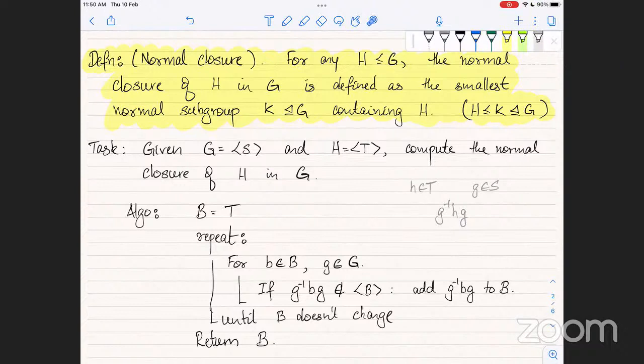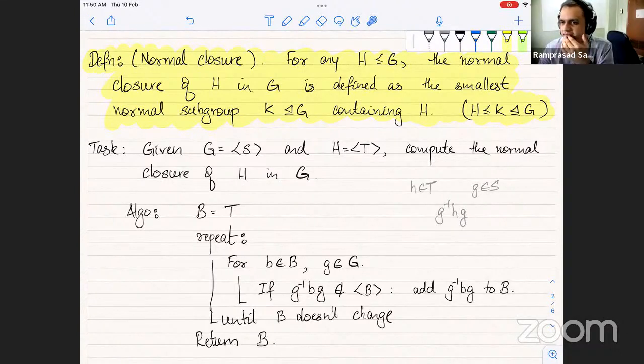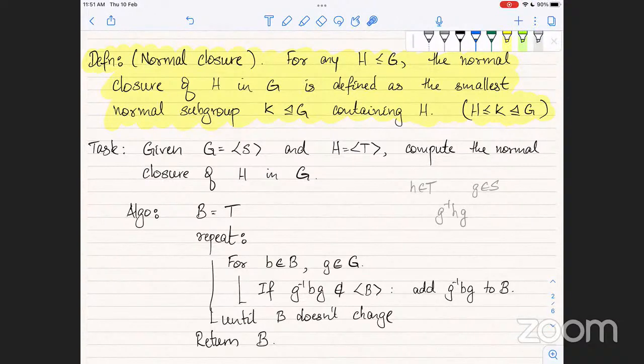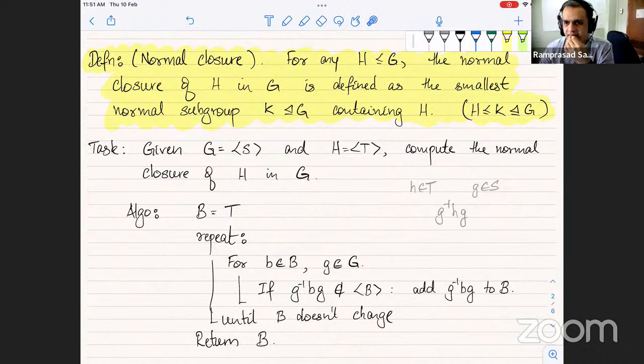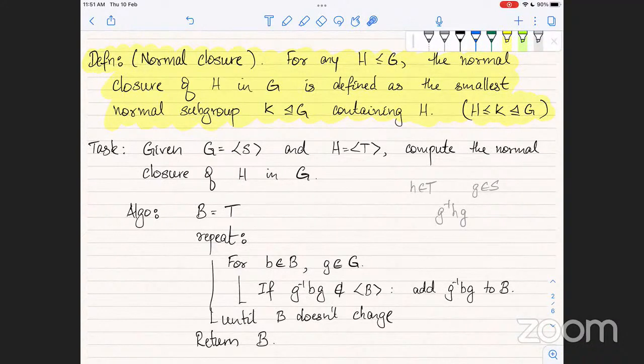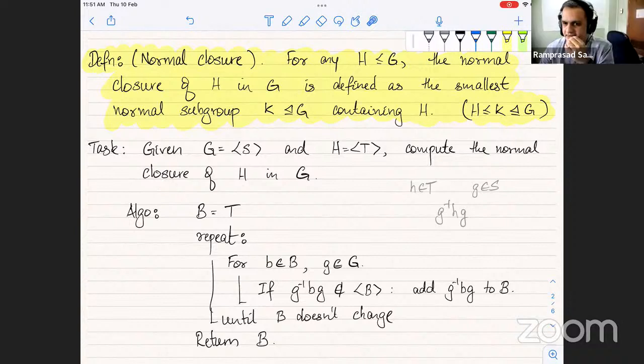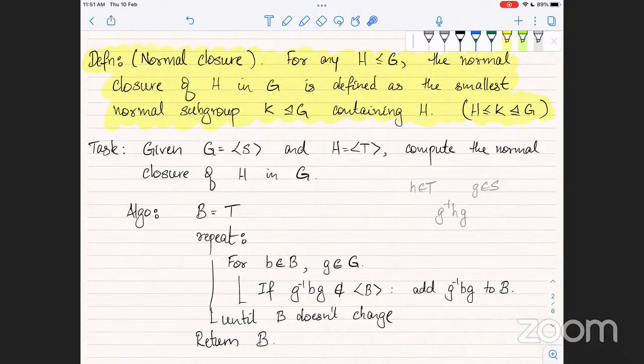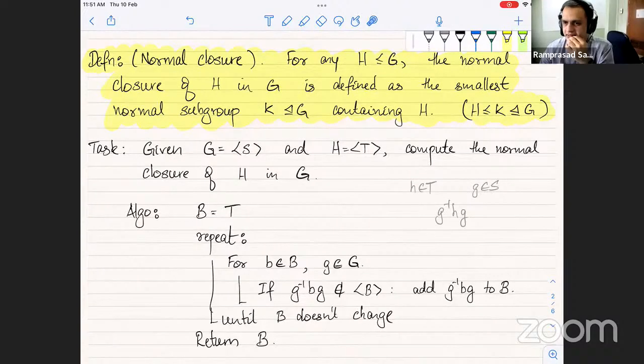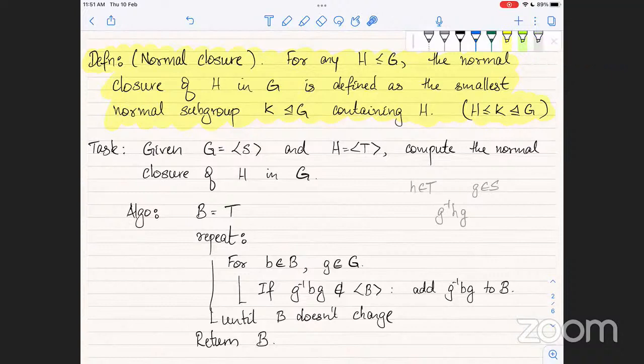I am trying to create a normal subgroup which firstly contains H. Obviously, if the subgroup is K, then sigma inverse K sigma is already a subset of K. That automatically implies that sigma inverse H sigma is a subset of K. So I'm trying to gather all such elements of the form G inverse HG, and then see that it is closed and preserves the group operation.